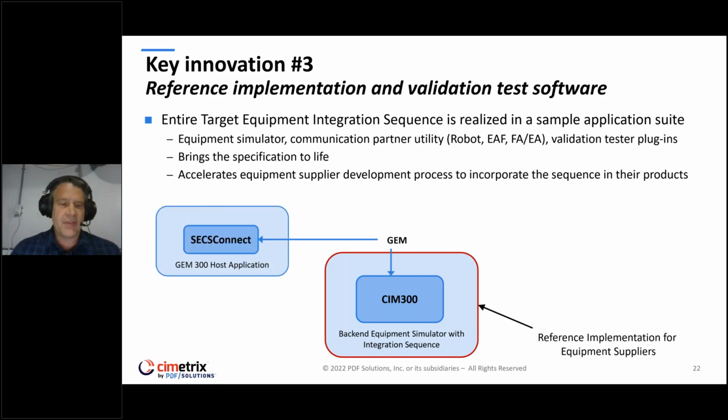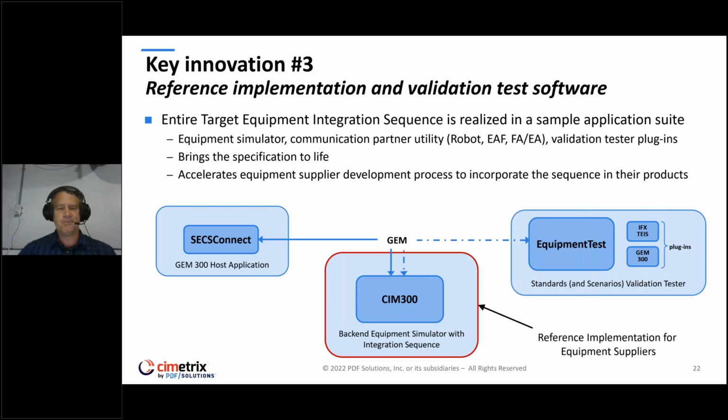In addition to that, there's a host application simulating the factory host and implementing that side of these scenarios. So that is also available, so you can run through all of these different scenarios and see exactly how to implement them to get the right messaging back and forth, to get the right data collection published, and all the other requirements.